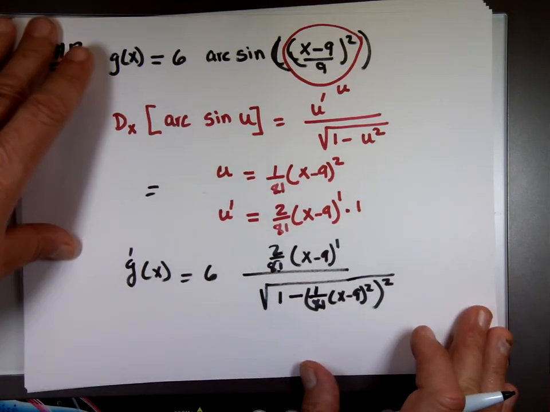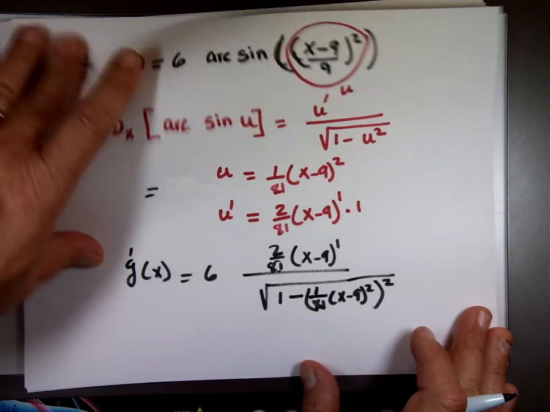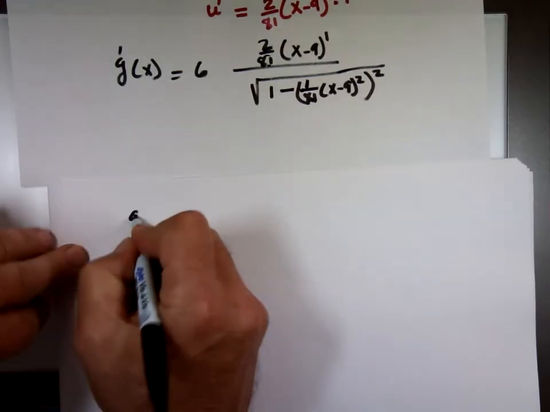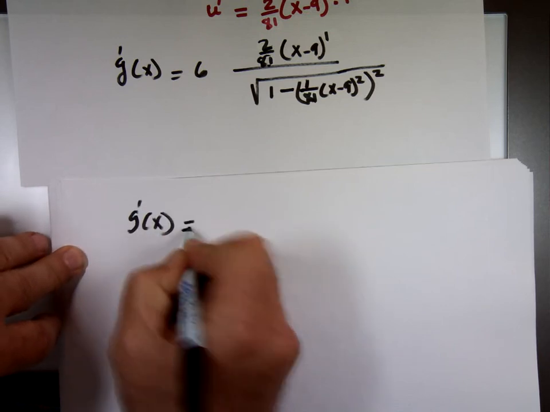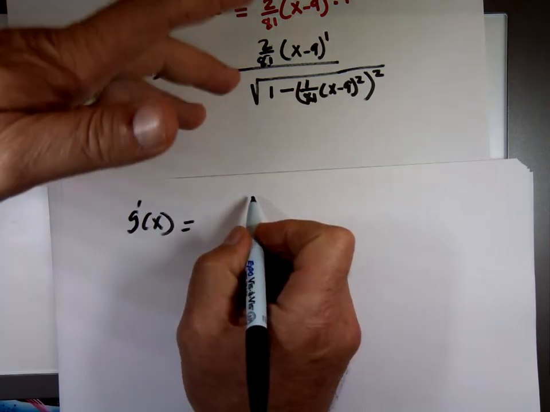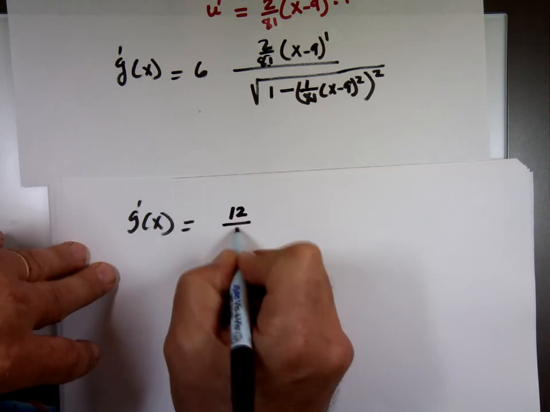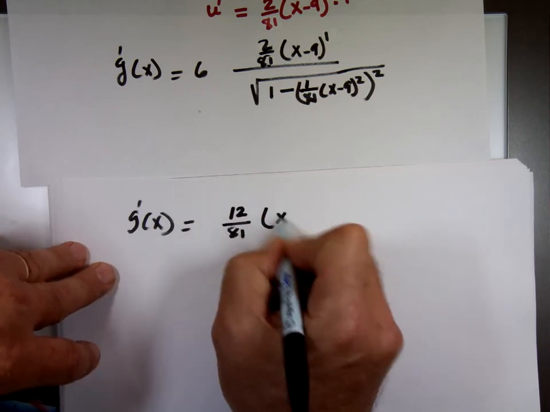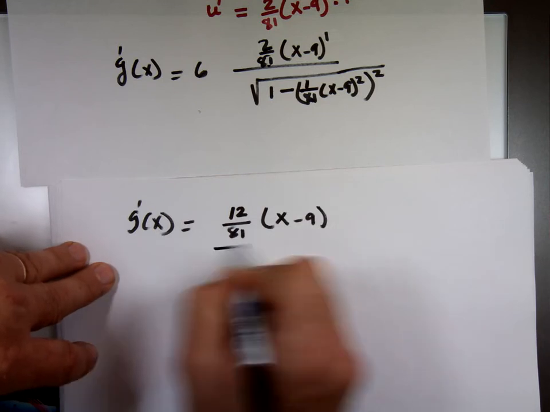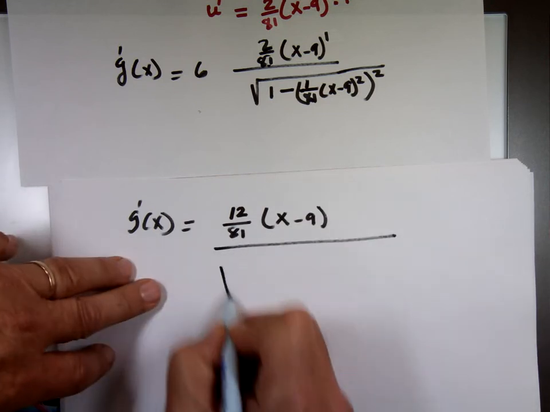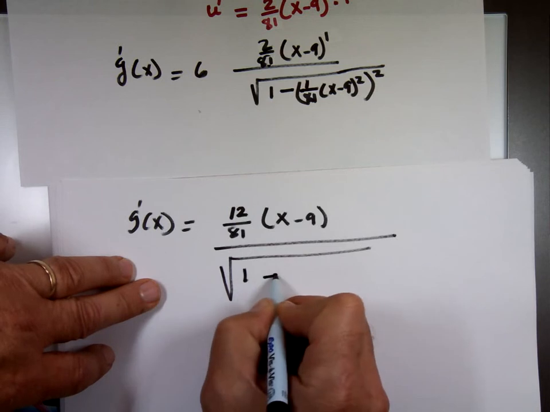6 times 2 is 12 over 81. I've got to do 1 over 81 squared.